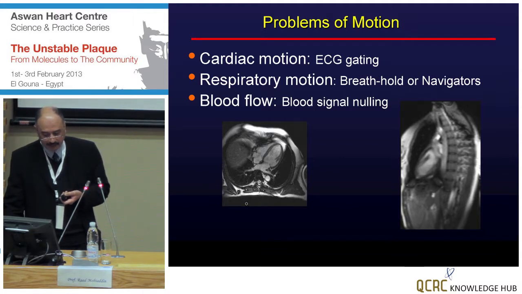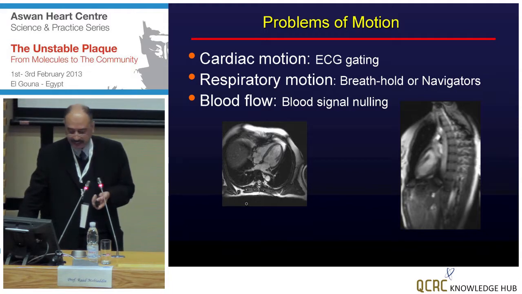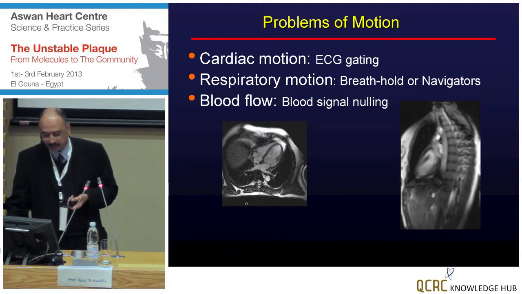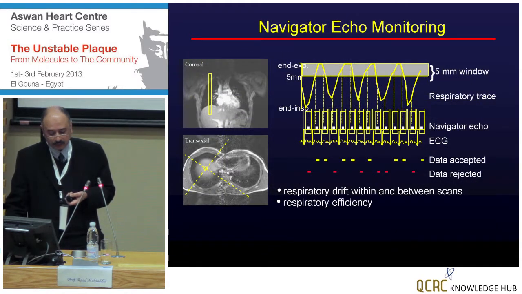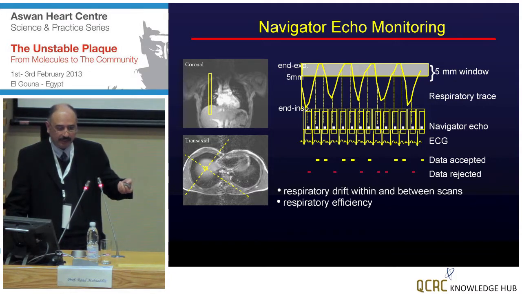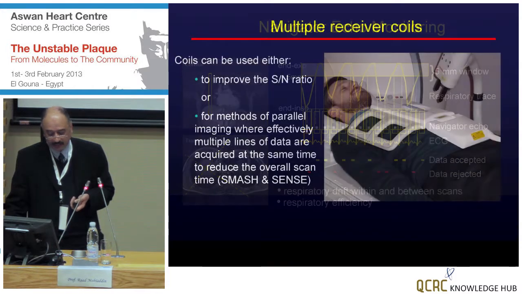The cardiac motion can be addressed using ECG gating, and the respiratory motion can be addressed using either breath holding or, more suitably, a type of respiratory compensation. So in a technique where you take the position of the diaphragm, every time the diaphragm reaches a specified position, the data will be collected. If it is outside that point, it will be rejected. Therefore, the patient can breathe normally while acquiring the data to produce images.